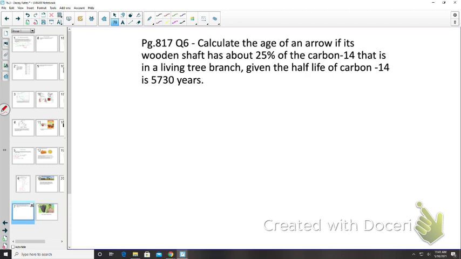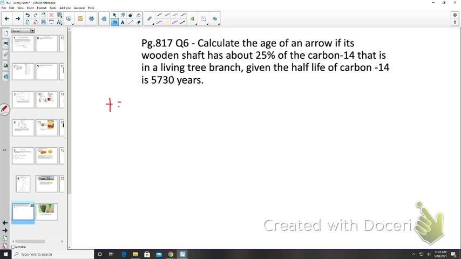Calculate the age of an arrow if its wooden shaft has about 25% of the carbon-14 that is in a living tree branch, given that the half-life of carbon-14 is 5,730 years. So let's write down what we know.